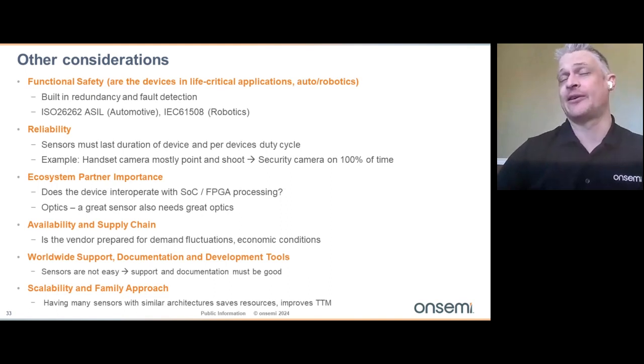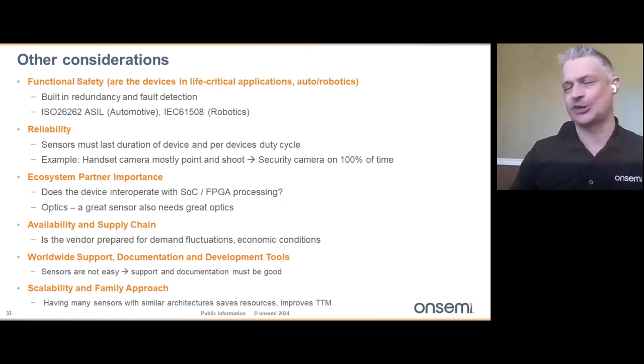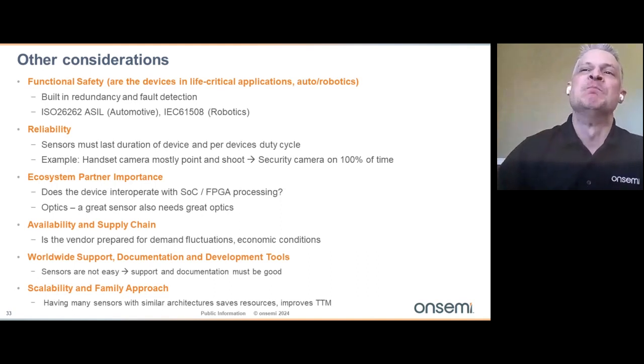There are actually well-defined standards for this. It's ISO 26262 for automotive, and for robotics, there's another standard. You can imagine a robot on a factory floor, unconstrained. Somebody walks right past it, bam, gets run into. So building redundancy and fault detection into the sensor is critical for these types of applications.